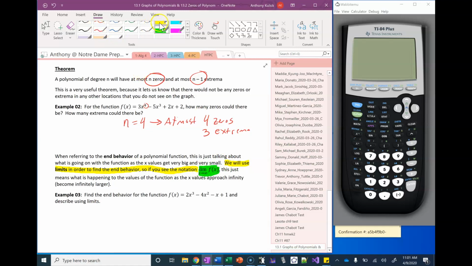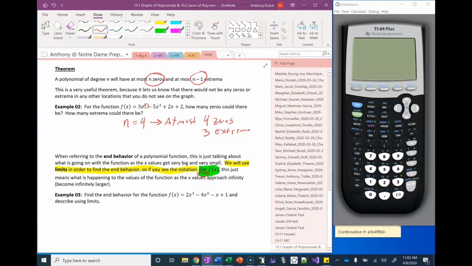The way we read that symbol is we say the limit as x approaches infinity of f of x, and then we'd say is whatever that end behavior is. So this limit that we're describing here is for when x's are getting very, very big, because we're approaching positive infinity.